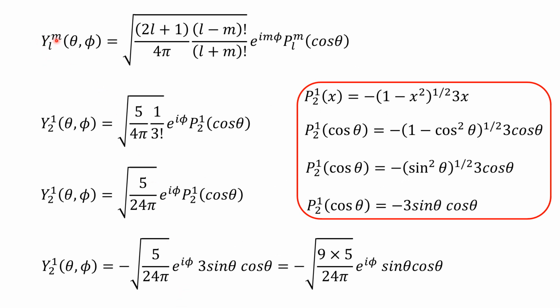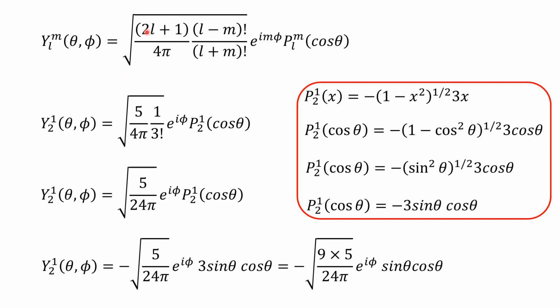Now we have to find the spherical harmonic Y_LM. By definition, I have already explained the definition of Y_LM. Now we have to find Y21, that is L equal to 2 and M equal to 1.